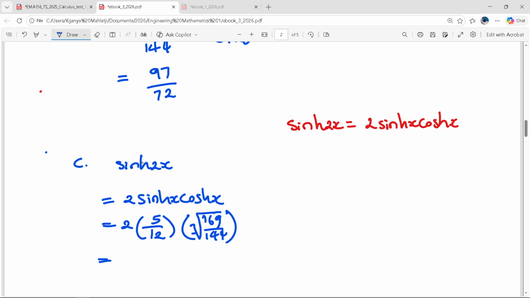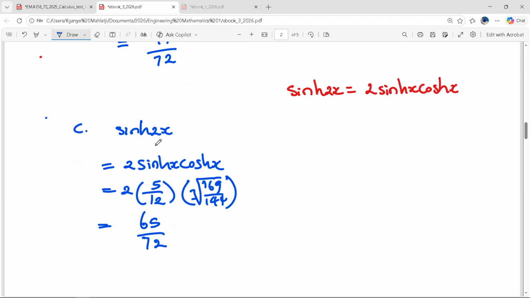You can punch all this on your calculator: 5 over 12 multiplied by the square root of 169 over 144, which is 65 over 72. That's how you solve this one.